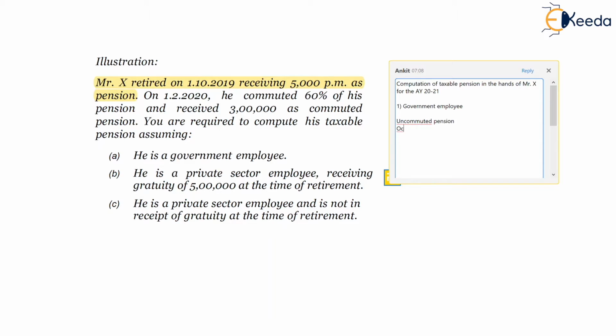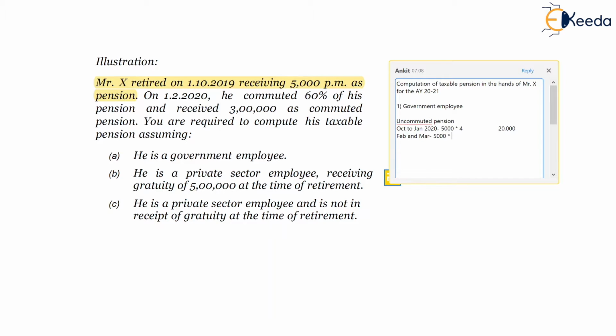So October to Jan 2020, it is nothing but 5,000 per month into 4, right? 20,000. And friends, Feb and March, it will be 5,000 into 40%, since 60% of the value was commuted.